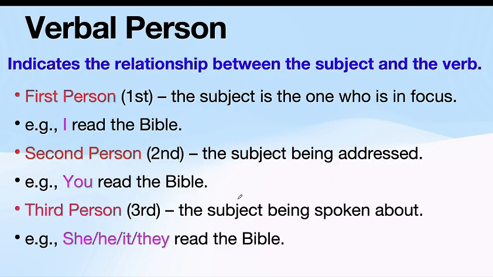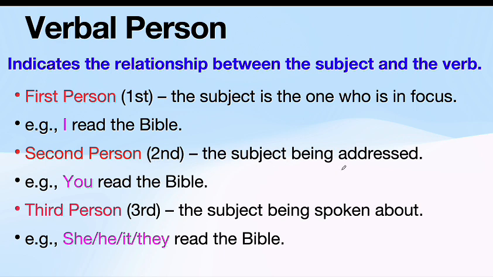Verbal person. The verbal person indicates the relationship between the subject and the verb. There are three persons: first person, second person, and third person. The first person, the idea is the subject is the one who is in focus. I, the subject, read the Bible. The second person, the subject being addressed.